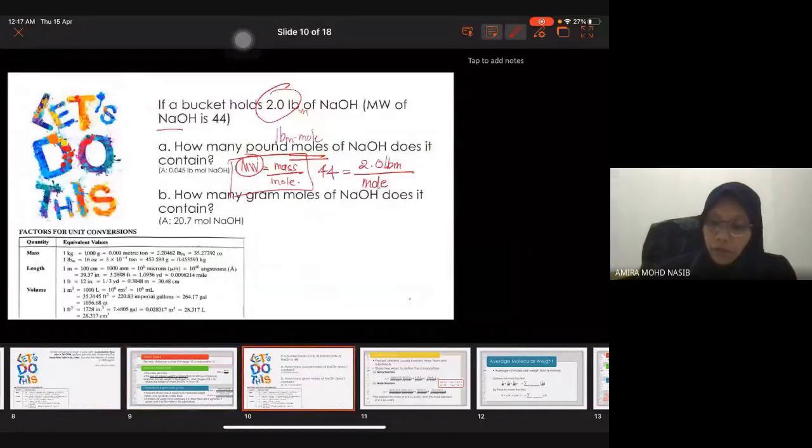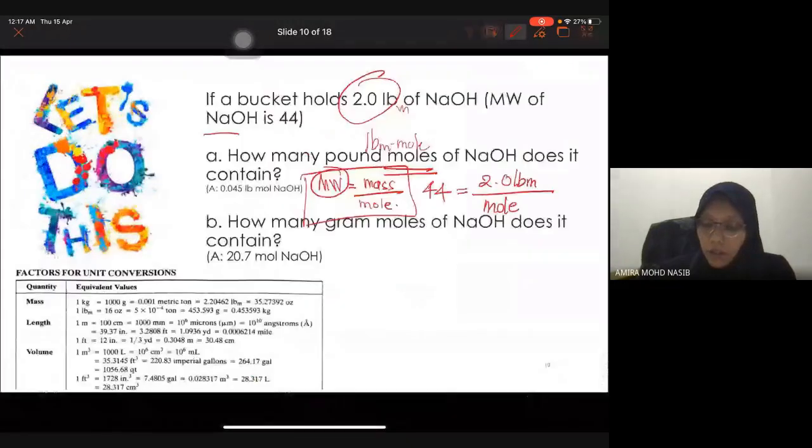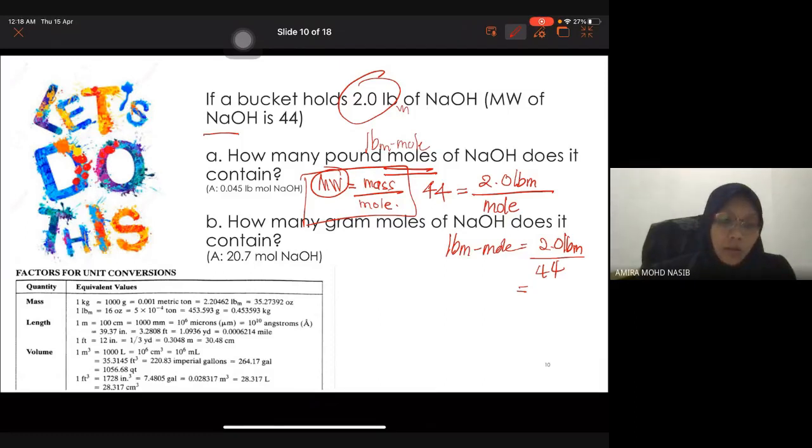Okay, get back to this question. How many moles do you have? 2.0 pound mass divided by 44, and you will get around 0.045 pound mole.